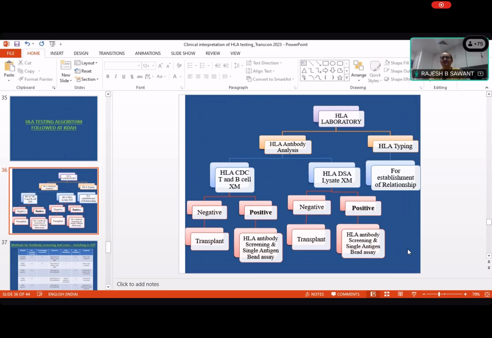So that is the protocol that many centers do follow. After that, depending upon the clinical presentation of the patient, you can do it every 6 months also.